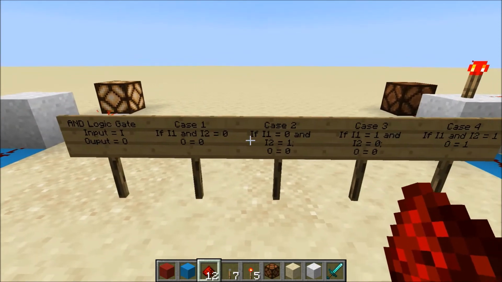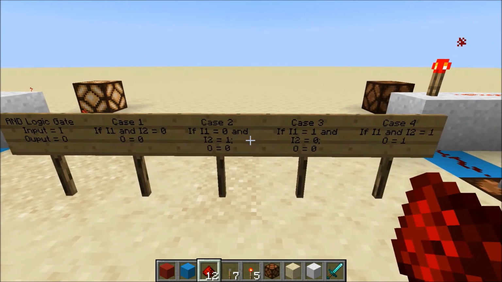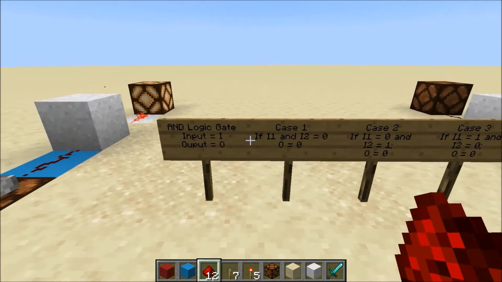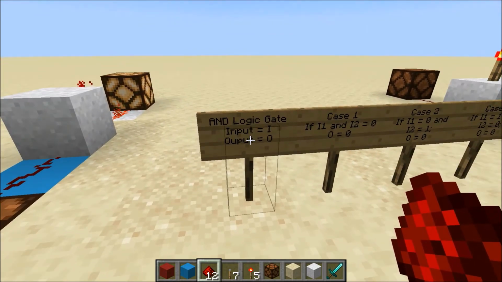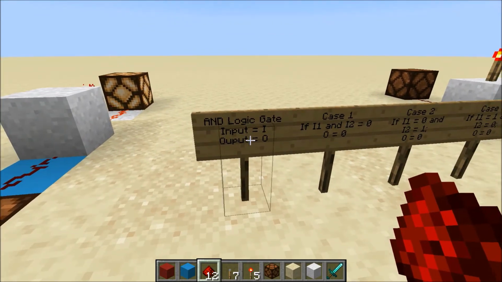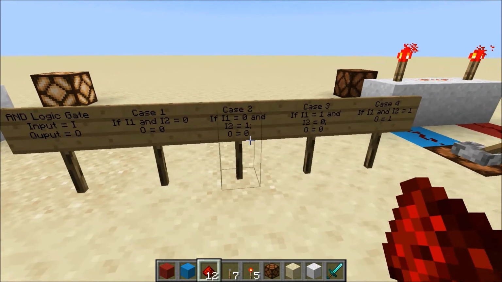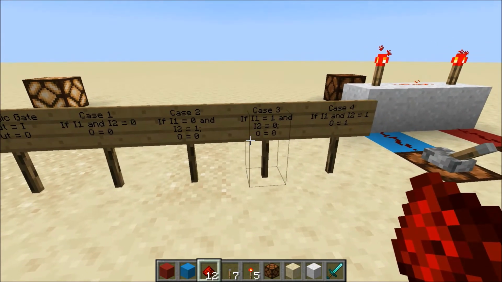And moving to the second one, right here we have the AND logic gate. The same, I mark the input with I and the output with O. And right here we have 4 cases.